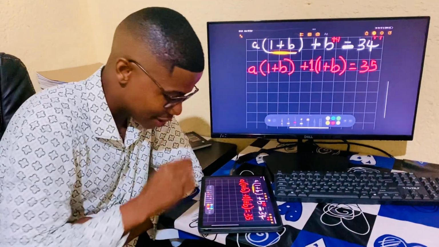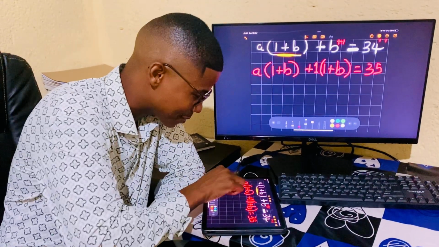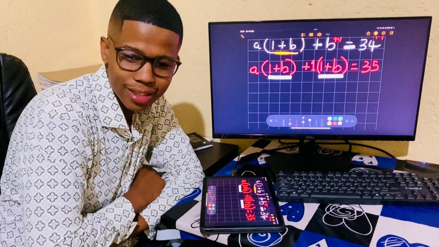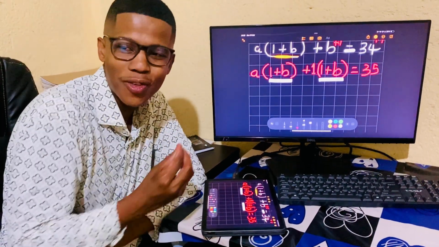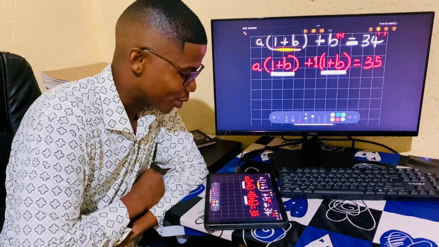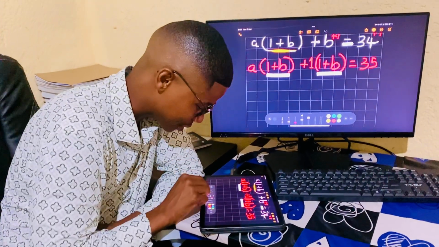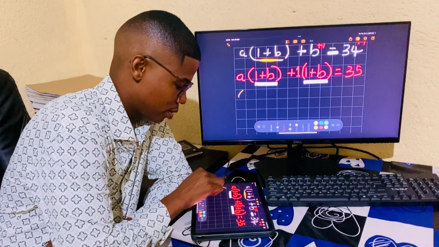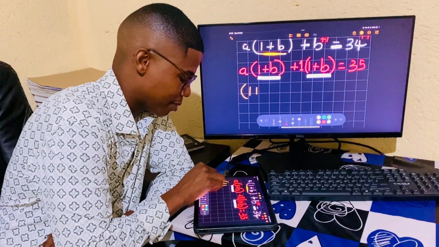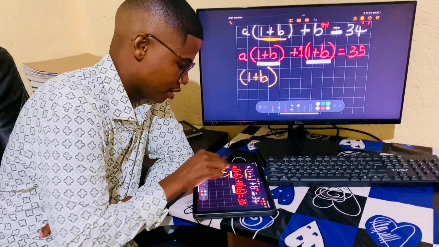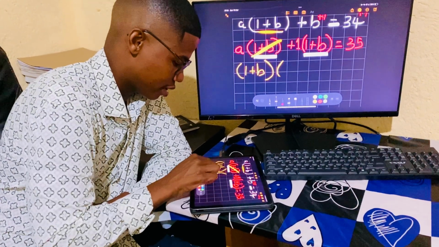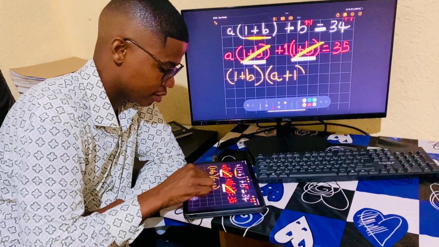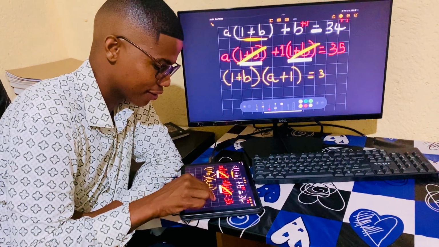So, ladies and gentlemen, we can see now that this bracket and that bracket are common, right? It's the common ground between the two families. So we're going to take that out and leave the difference. I take out a common factor of 1 plus B. Here I'm left with A, and here I'll be left with plus 1, equals 35.